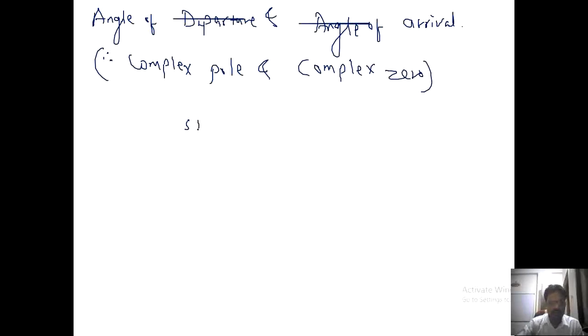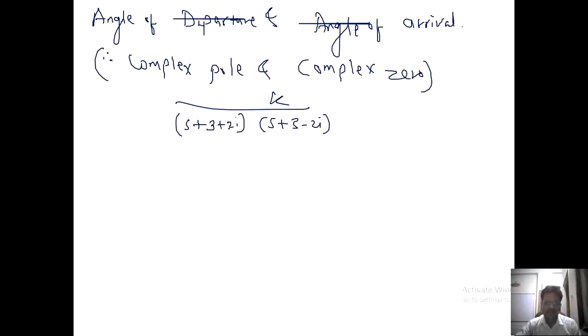Suppose you have the term S plus 3 plus 2j or S plus 3 minus 2j, like that. So these two poles are complex poles because a complex conjugate pair is available.